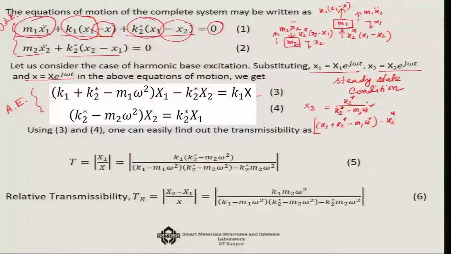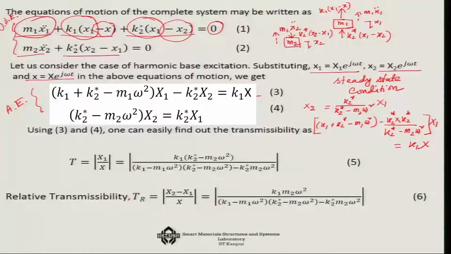So, x2 is this times x1, and now I can replace x2. That means it will become K2 star times K2 star divided by K2 star minus M2 omega square, and the whole thing with respect to x1, will be equal to K1 x.